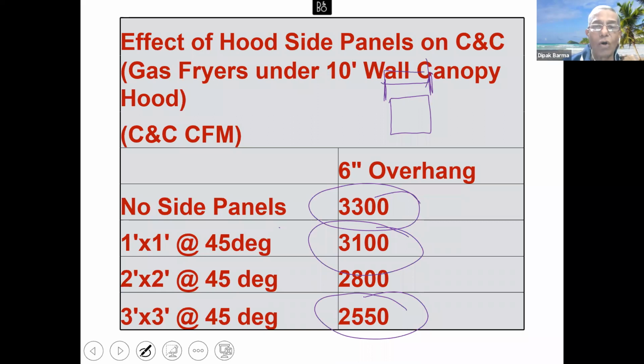Now we're talking about a side plate. In any wall canopy, what did you have? You had the wall at the back, right? But if you have a side plate like this on the hood, which is providing a wall effect on the side also, the Coanda effect also takes care of it.